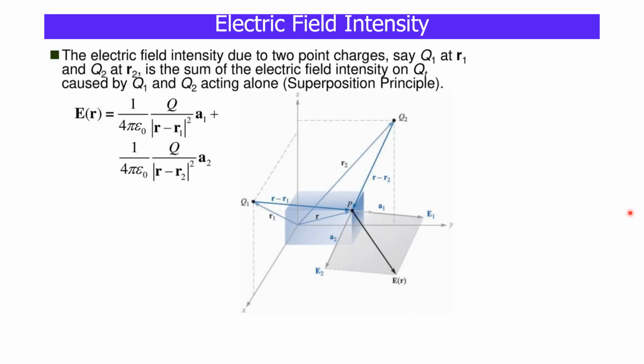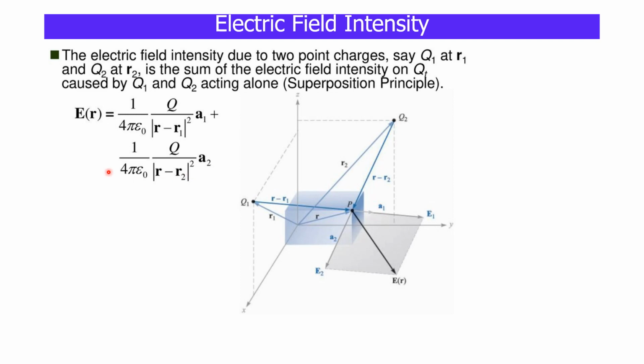So the electric field intensity due to more charges: suppose we are assuming two or more charges, say Q1 at distance R1 and Q2 at distance R2. Then the total electric field intensity caused by Q1 and Q2 acting alone is given by 1 by 4 pi epsilon naught Q1 by the magnitude of R minus R1 the whole square A1 bar plus 1 by 4 pi epsilon naught Q2 by the magnitude of R minus R2 the whole square A2 bar.